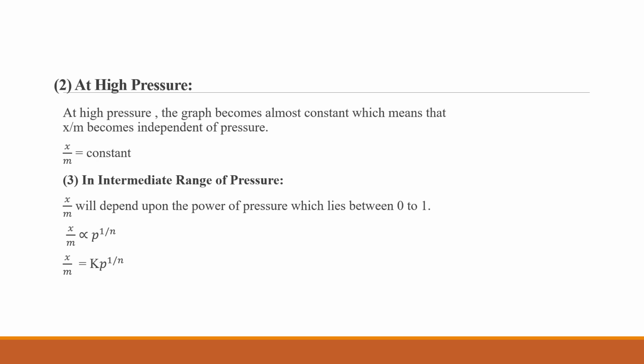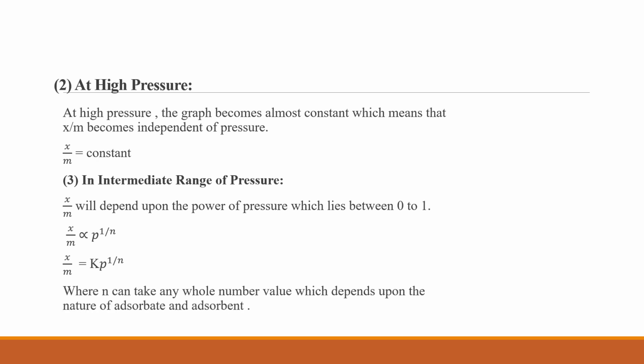So x by m will be directly proportional to p to the power 1 by n. On replacing the proportionality sign, the constant term comes in, and x by m equals k p to the power 1 by n, where n can take any whole number value which depends upon the nature of adsorbate and adsorbent.